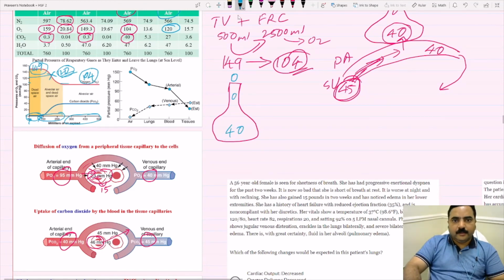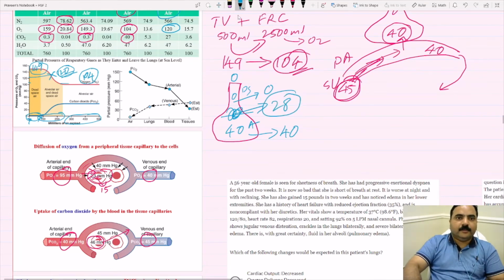Here you have around 150 ml of dead space, and this is the alveolar air. If you measure the partial pressure of carbon dioxide over here, it will be 0, and over here it will be 40. But if you measure the mixed air, it will be around 28, an average of these two.